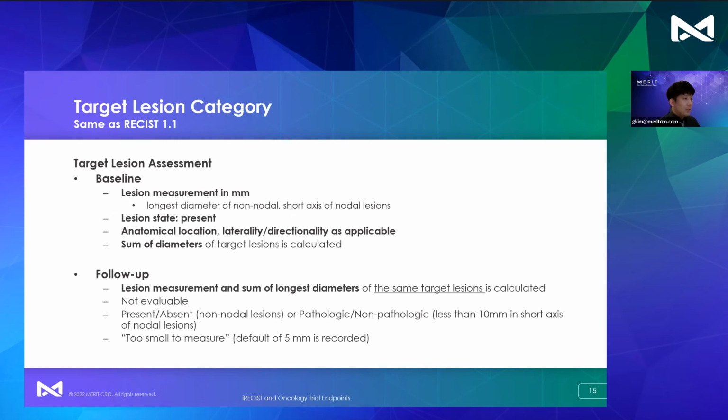Upon follow-up visits, each of the lesions identified at baseline will have another measurement, and the sum of diameters will be calculated for deriving the response of the target lesions. Also, the tumor state will be recorded for the qualitative assessment. And in any case where lesions are getting too small, we can record too small to measure, just like how it has been done in RECIST 1.1.